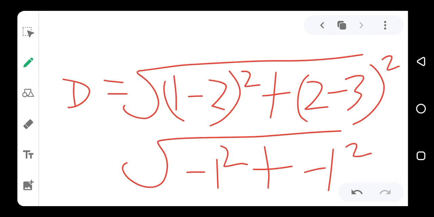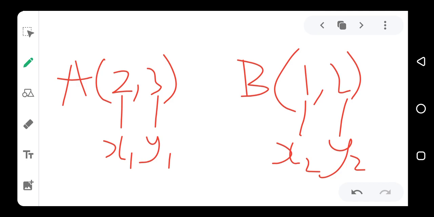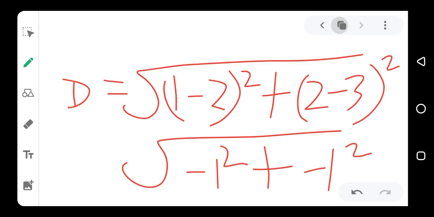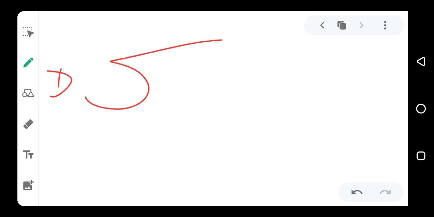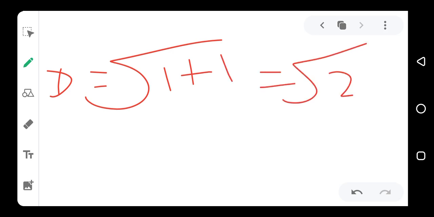So we have minus 1 squared plus minus 1 squared. D is equal to the root of, minus 1 squared is 1, plus minus 1 squared again is 1, which is equal to root 2. So root 2 units is the distance between the points A and B.